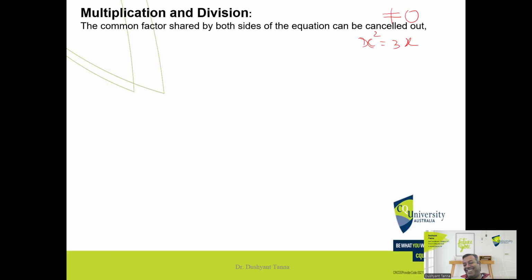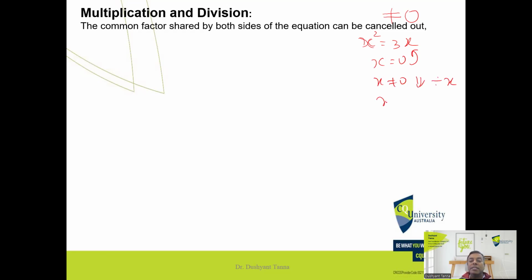Answer it. What about? Yes, so divide by x. Very true, Daniel. You can divide by x, assuming your x is not 0. So you can say if x is 0, obviously this is a solution, right? If x is non-zero, then what do you do?